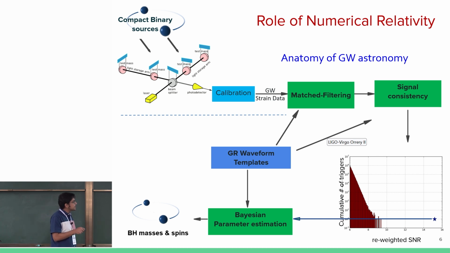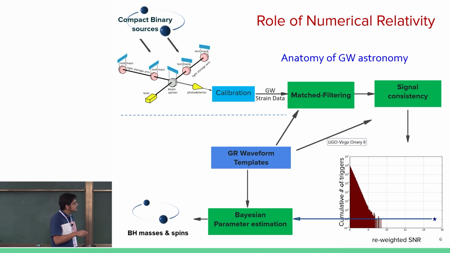We have detectors which actually measure those waves, and out comes the strain time series, which is then passed through a set of calibration routines which change what the raw detector output is into calibrated strain data, which we can actually use to match with our GR based waveforms and reverse engineer what the sources must have looked like. So with this strain data, the discovery process begins.